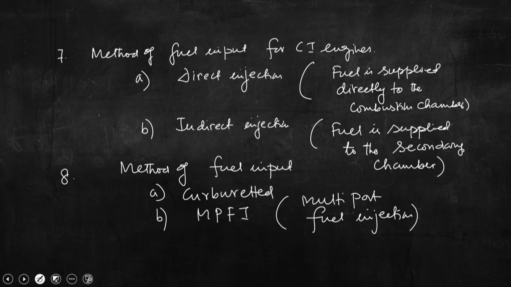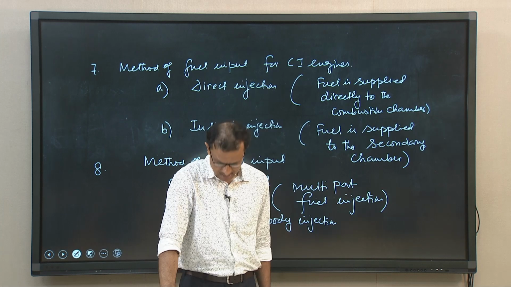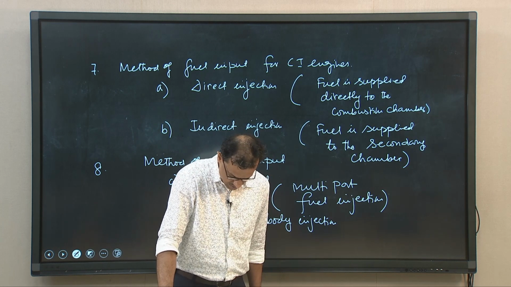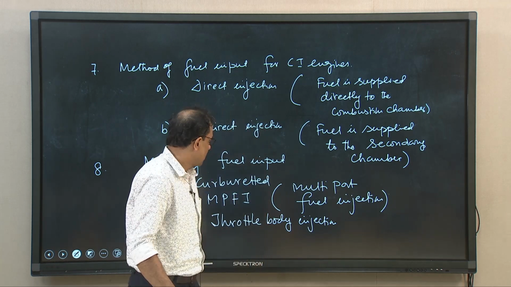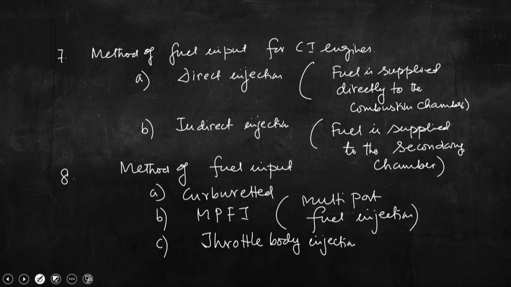C is throttle body injection. Throttle body injection is injection of fuel, in which the fuel is injected upstream in the intake manifold.